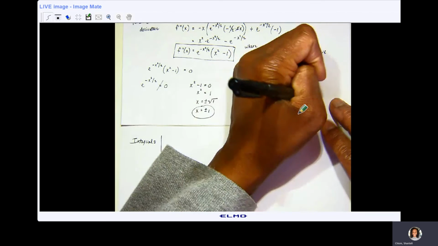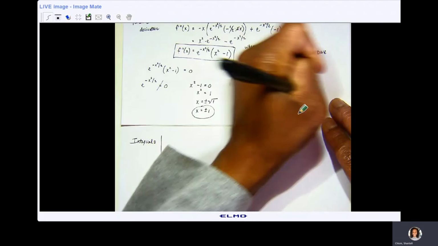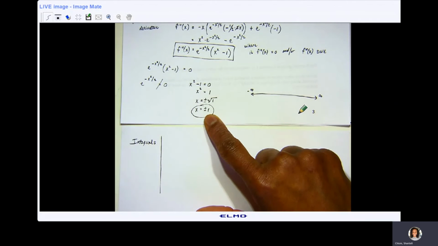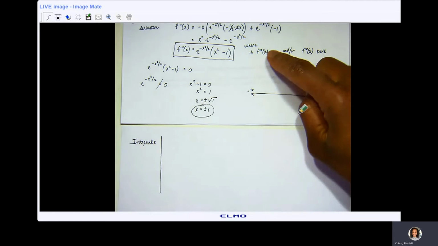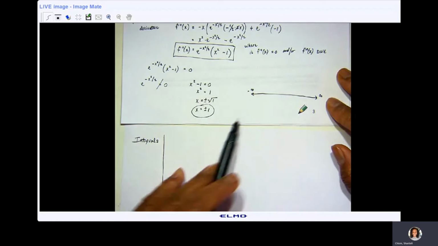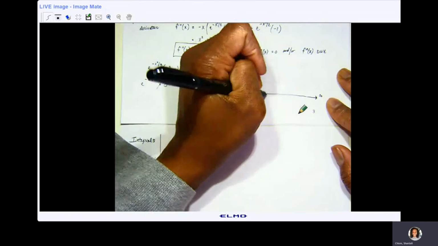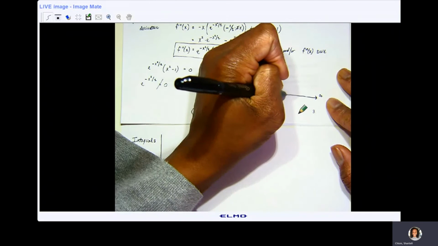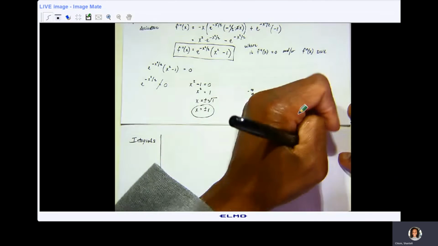I'm going to draw a line here like I did in class, and place the critical values of f double prime, the values where f double prime is equal to 0, on the number line. So negative infinity to negative 1, negative 1 to positive 1, and then 1 to positive infinity.